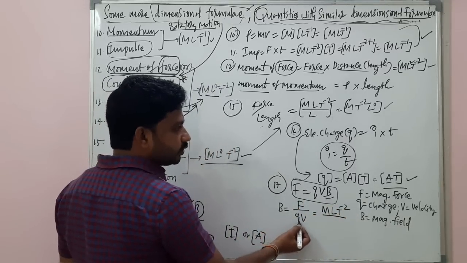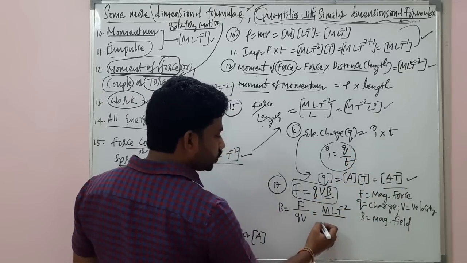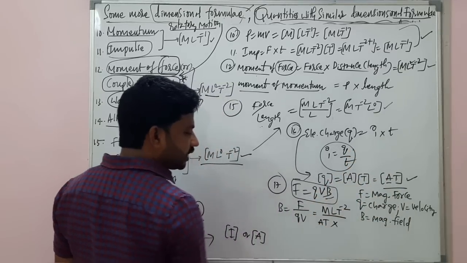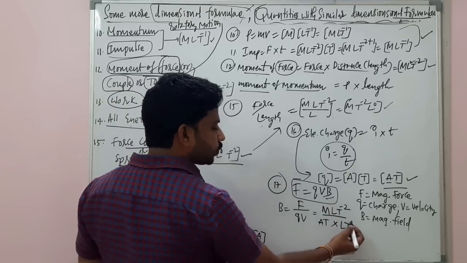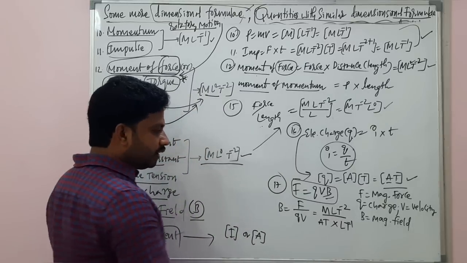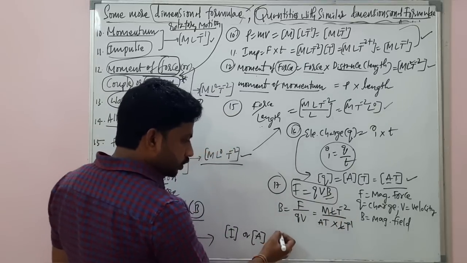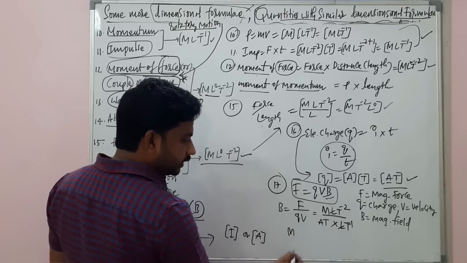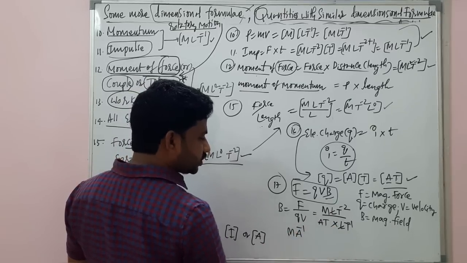And the charge dimension you have already. Electric charge dimension is A into T, into velocity. Velocity dimensions are LT minus 1. Simple. L cancels. So here this A goes to the numerator, it will be A minus 1.